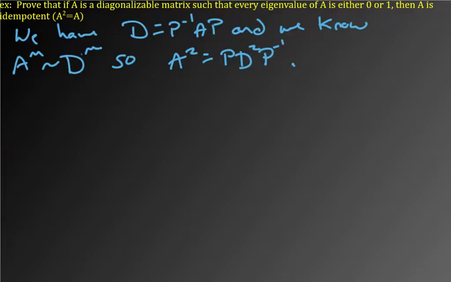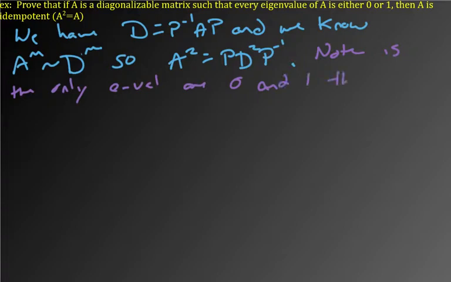But first, note if the only eigenvalues are 0 and 1, then D squared would equal D. And that's just because, I'm going to erase this, but that's not too bad to see. If you have, let's just do a 3 by 3, big 0 here, big 0 here.